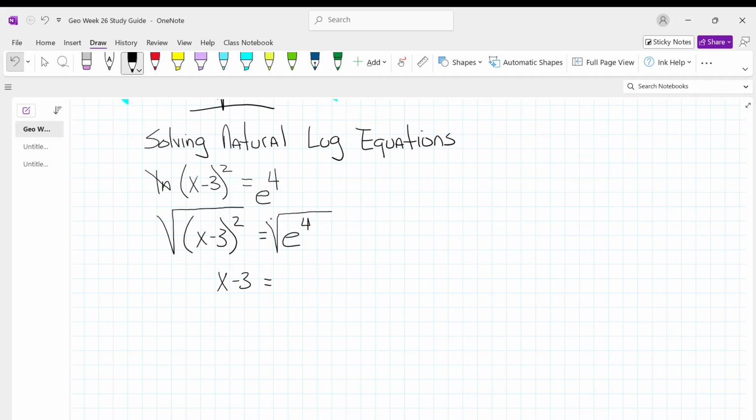Now, on this right-hand side, anytime you take the even root of anything, you need to use the positive negative symbol. So the square root of e to the 4th is positive or negative e squared.